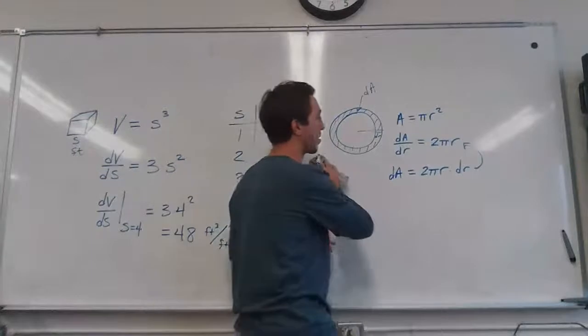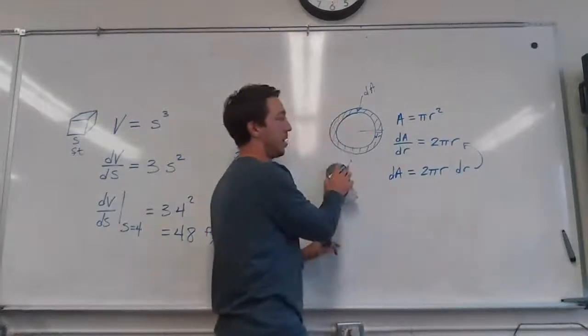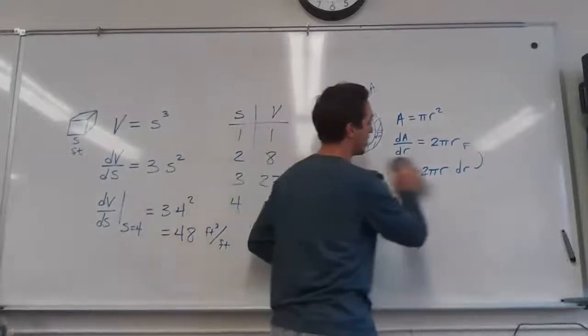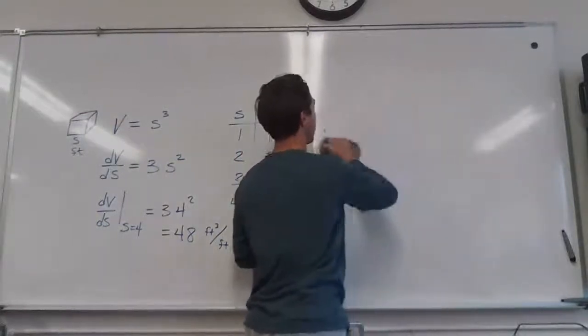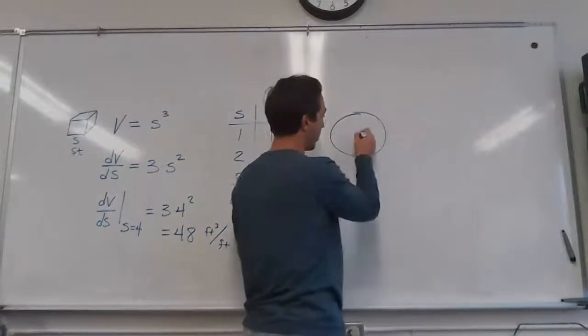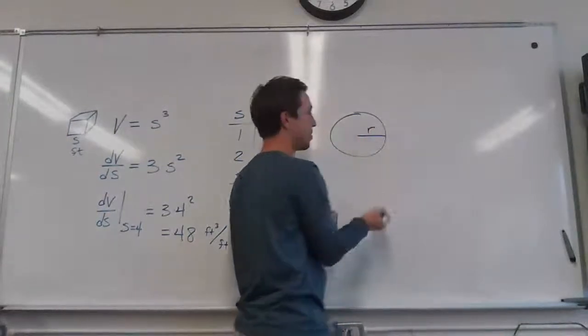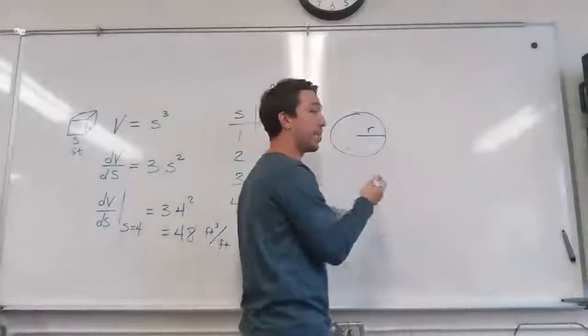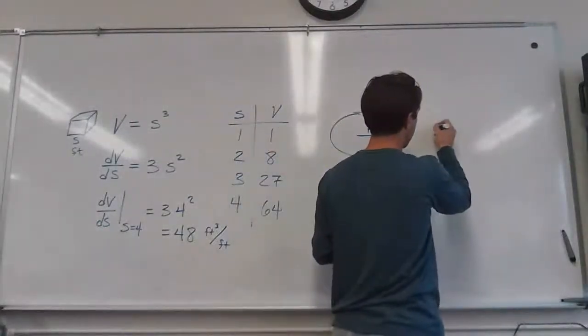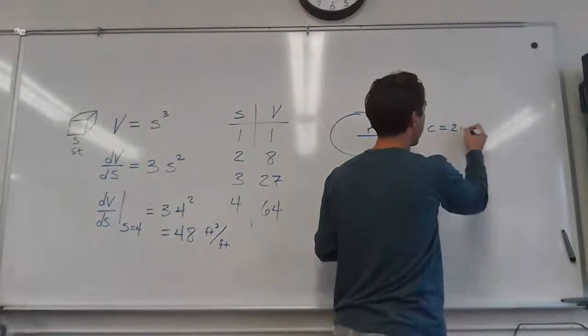Okay. So real quick, this is pretty important understanding, I think. Here, I'll just go slower. Ready? So here's a circle. The radius is r. We all agree that by definition, the circumference is 2 pi r.